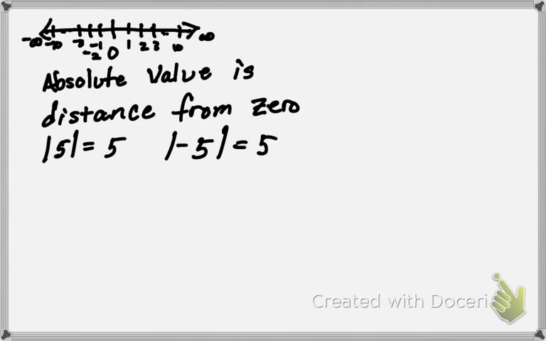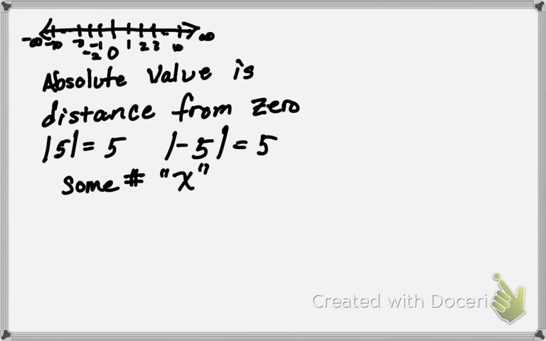So if I have an equation, because once you get into algebra, we start throwing letters in there, say I am thinking of some number, and I'll call it x because I don't know what it is.